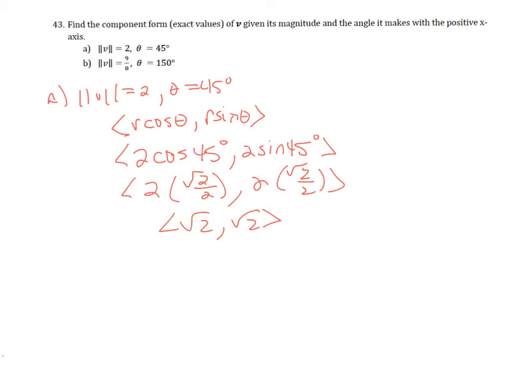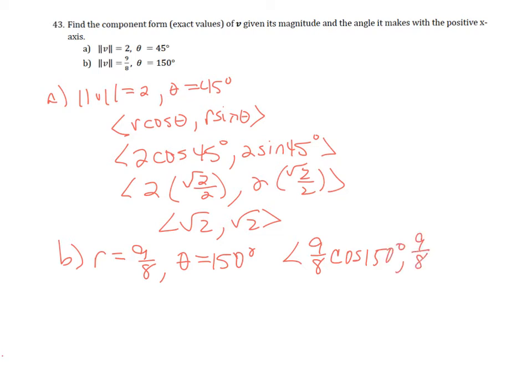So that's part A. Let's do the same thing for B, using this same formula right here. So our r for part B is 9/8. Our theta is 150 degrees. So it would be 9/8 times the cosine of 150, 9/8 times the sine of 150.